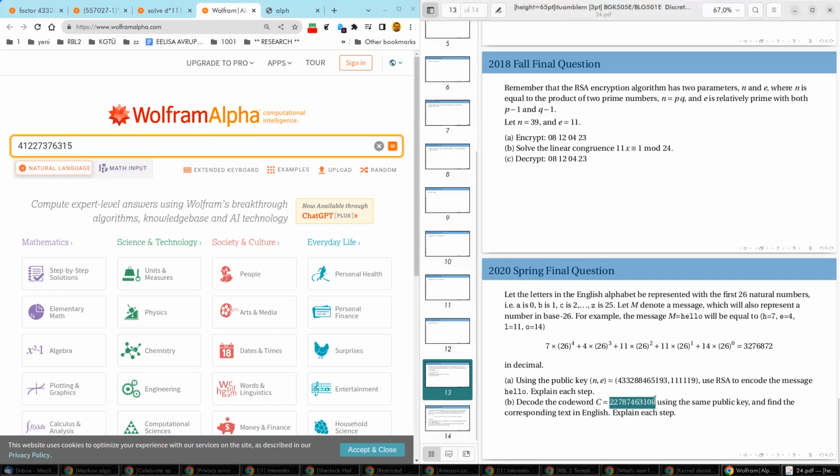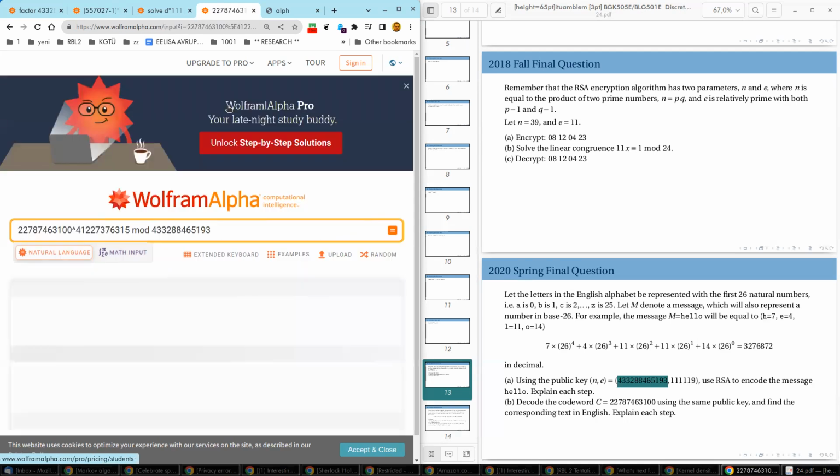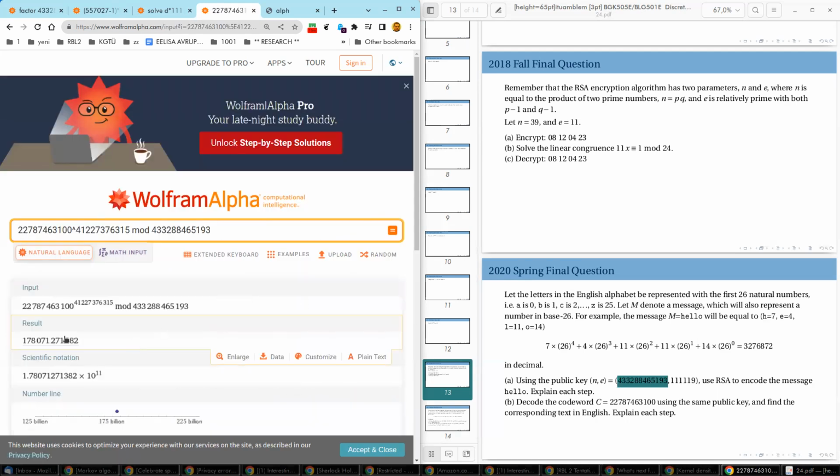I'm going to raise the code word to this value, so the code word here to the power D modulo N. Modulo N is given here and is this value. Okay, this is the result. This is my original message.